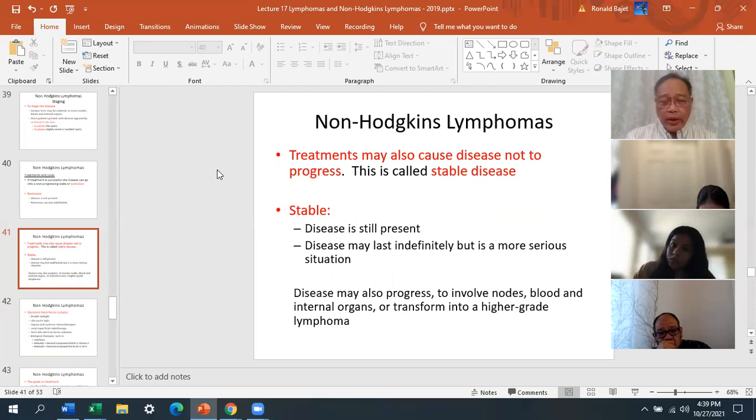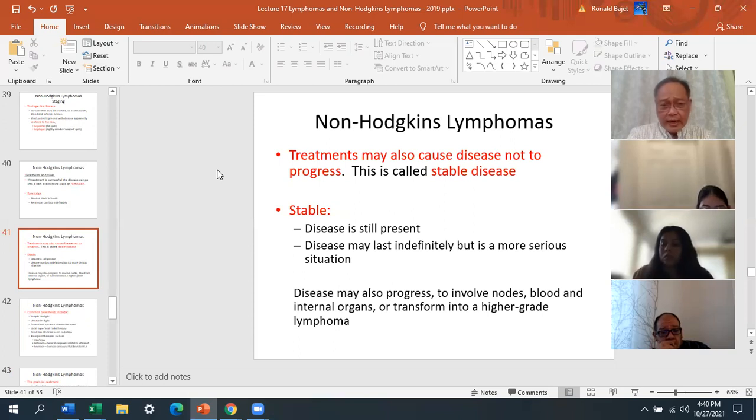So when the term is called stable, the disease is still present. It may last indefinitely, but it's a more serious condition because the disease is not gone. It's just not progressing, it's stable. If it's gone, then you're in remission. So know the difference between remission and stable.